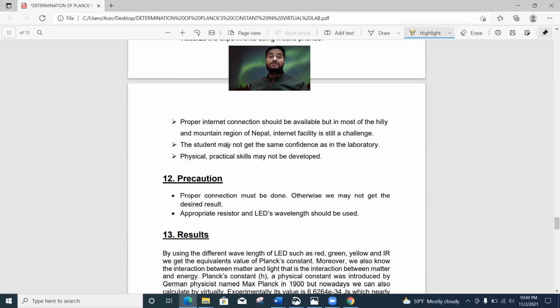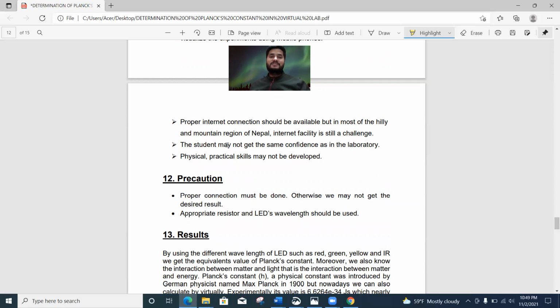If we conduct the experiment by touching the different physical equipment or tools, then we realize it and remember it for a long time.